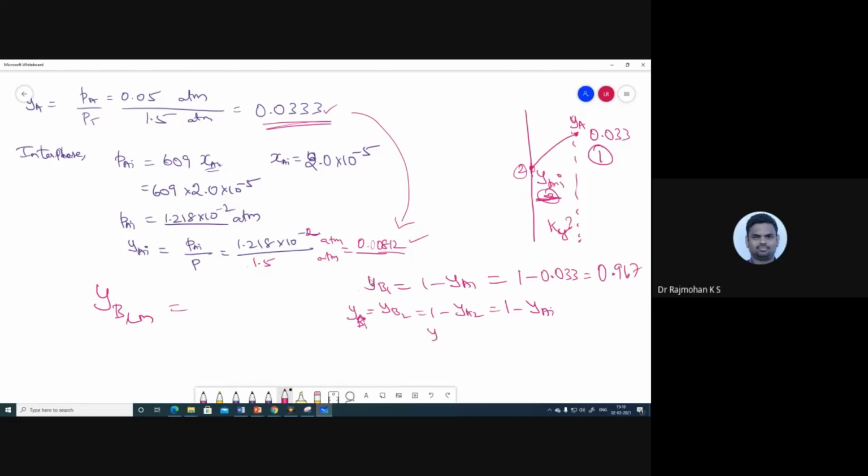Similarly, YbI equal to 1 minus 0.00812, which is 0.992.